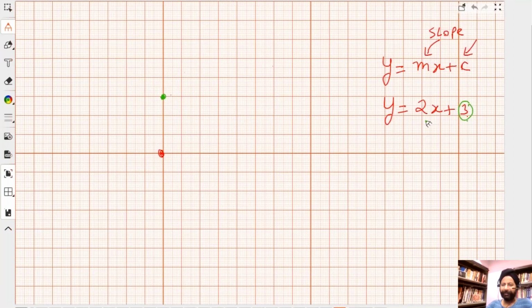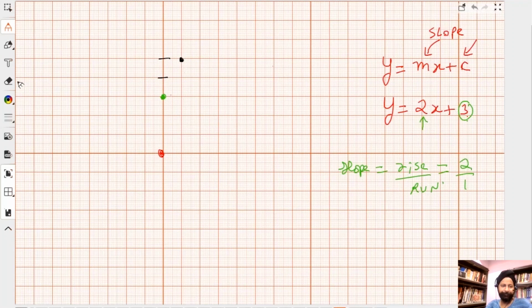Now, this number 2 tells me the slope. What is slope? The way I really explain it to my students who are learning slope is: slope is equal to rise over run. How much are you rising compared to the run? So here you rise 2 steps and run 1 step, so slope here is 2 by 1, right? Like you rise 2 steps, 1, 2, and you run 1 step.